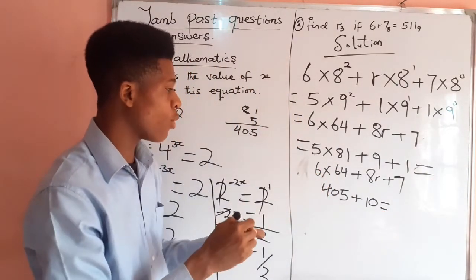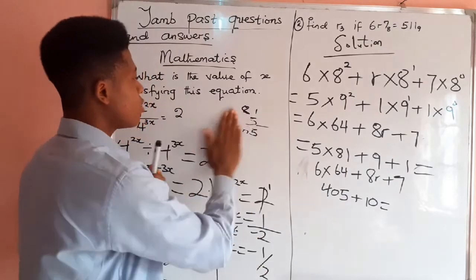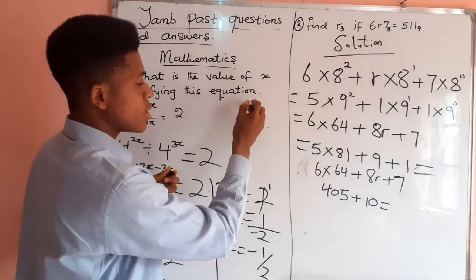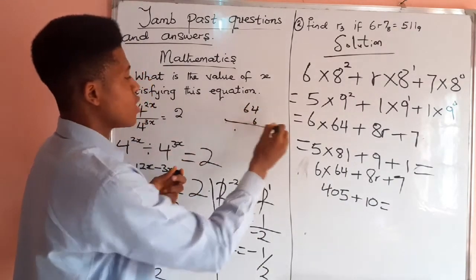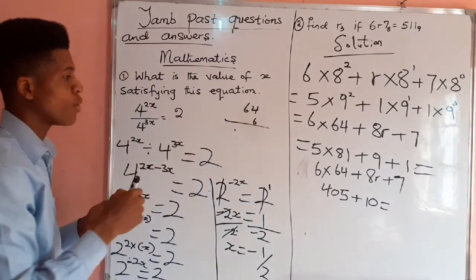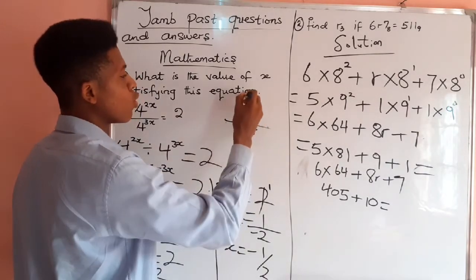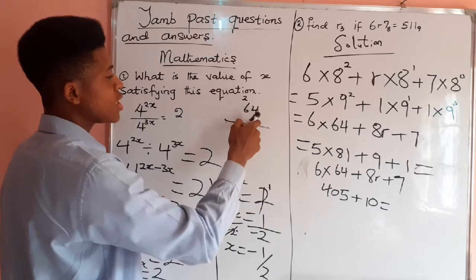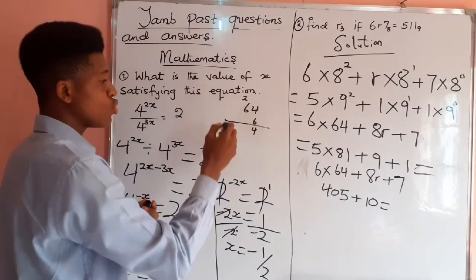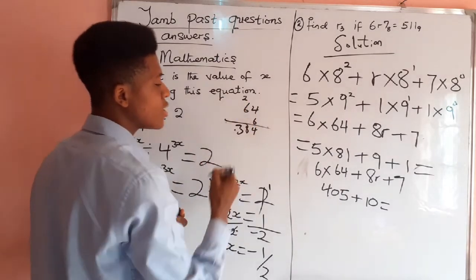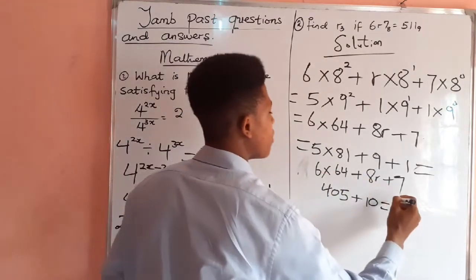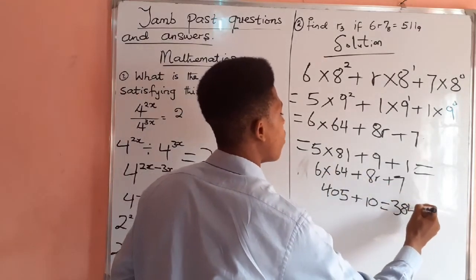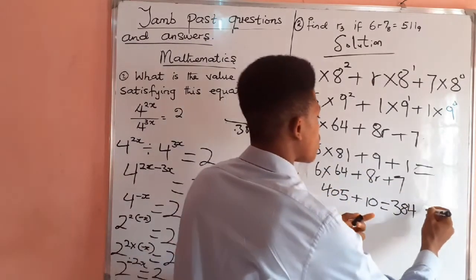6 times 64, maybe practical. 6 times 64, let's all see it. 6 times 4 gives us what? 24. Put 4, carry 2. 6 times 6 is 36 plus 2 gives us 38, right? So 6 times 64 is 384 plus what?